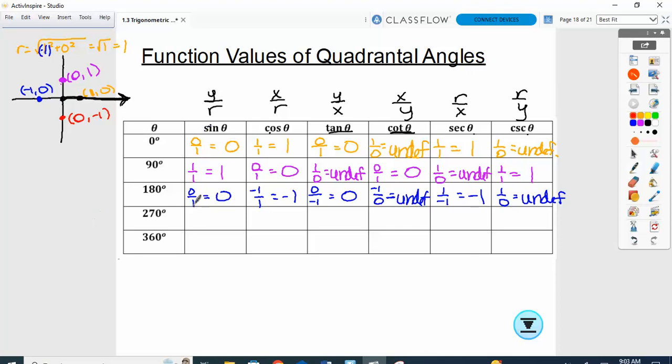So sine is y divided by r, -1 divided by 1, is -1. Cosine is x divided by r, so 0 divided by 1 is 0. Tangent is y divided by x, so -1 divided by 0, undefined.